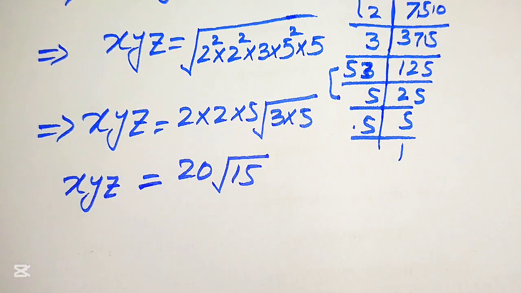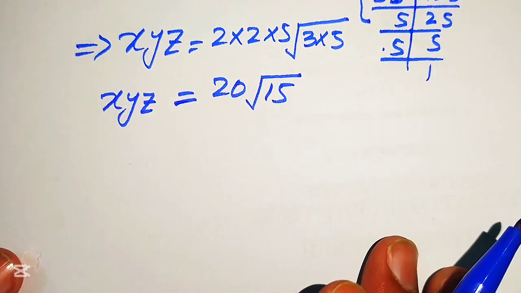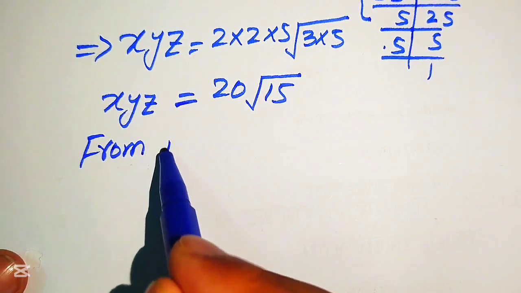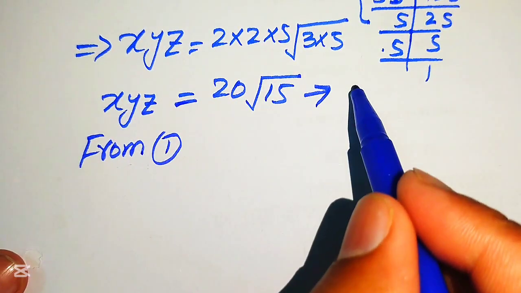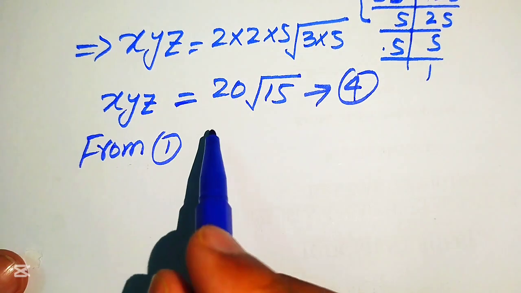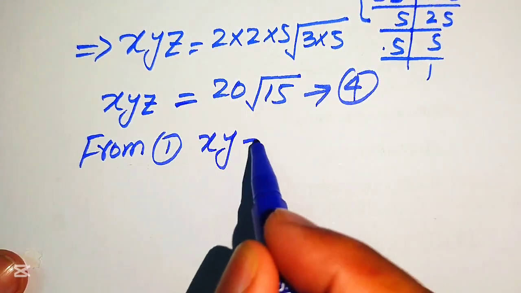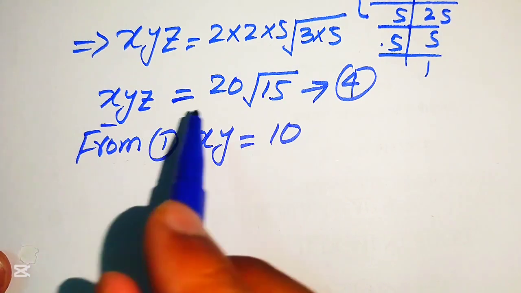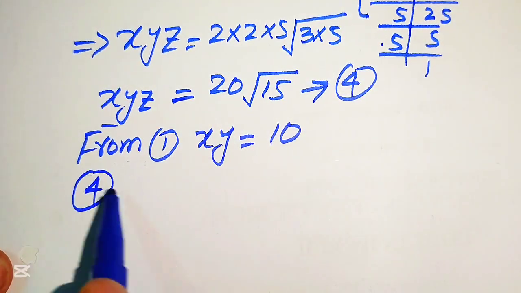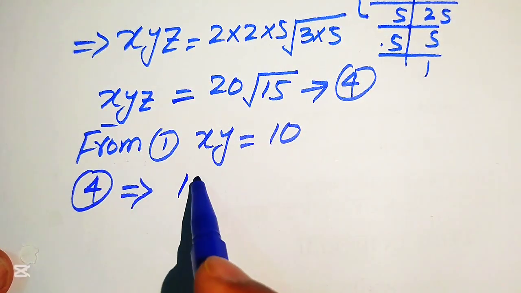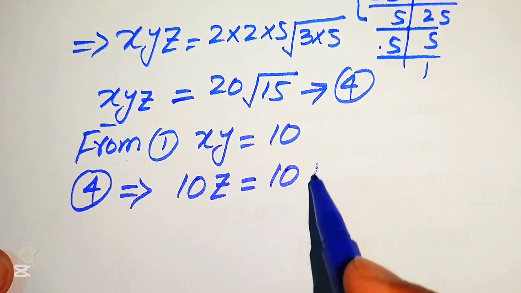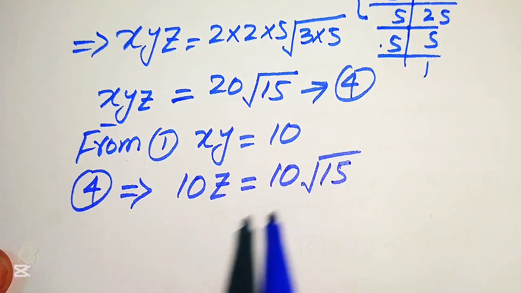Because our target is to find the values of x, y, and z, from equation number 1 we have, here we call this our equation number 4. So in equation number 1 we have xy equals to 10. So we can replace this xy with 10. So equation number 4 implies that 10 times z equals 20 times the square root of 15.